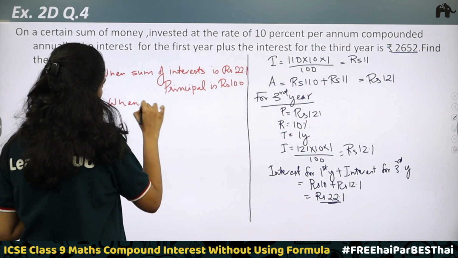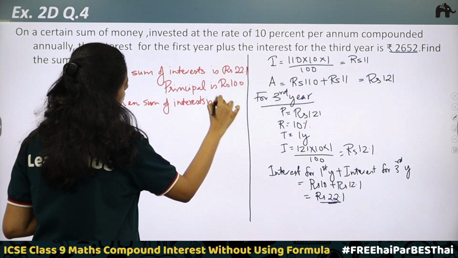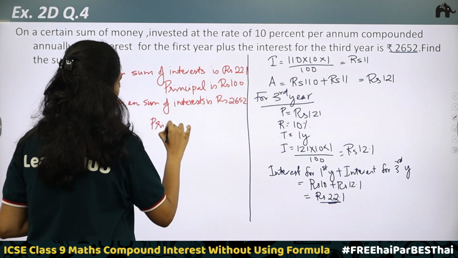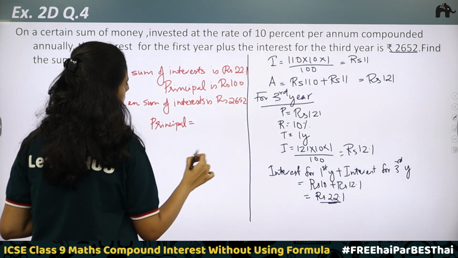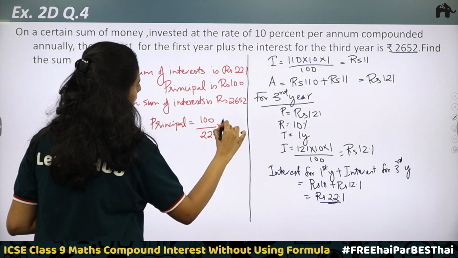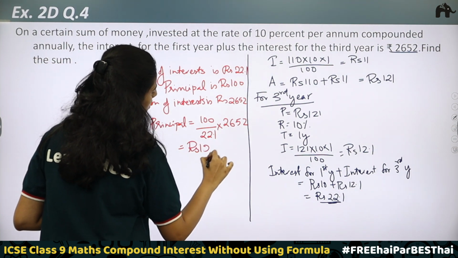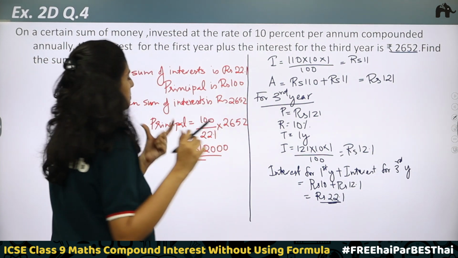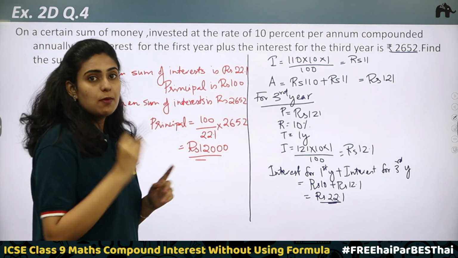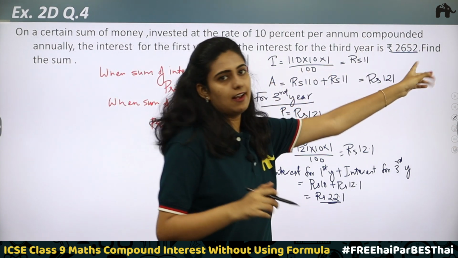When sum of interest is rupees 2652, the principal will be equal to 100 divided by 22.1 into 2652. When you calculate, you will be getting rupees 12,000. So, when the principal or the sum taken is rupees 12,000 and you find the sum of interest of first year and third year, you will be getting the value to be 2652.